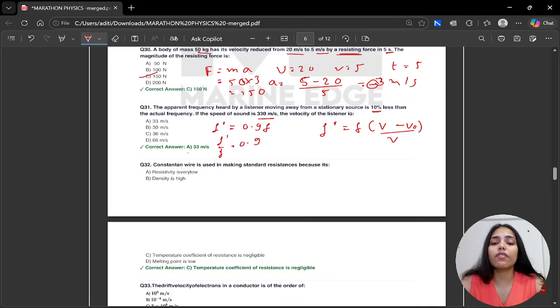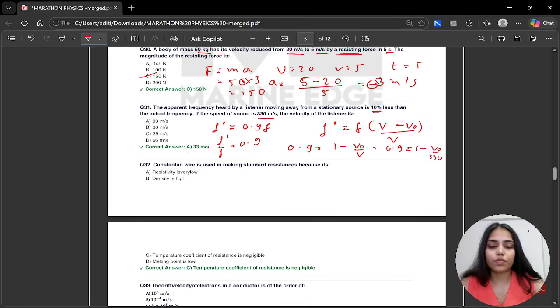Now, if we take this f downside, 0.9 is equal to (v minus v naught) upon v, correct? So, now, v naught is the velocity of the observer, v is the speed of sound, that is already given to us as 330, right? So, 0.9 is equal to 1 minus v naught upon 330, correct?